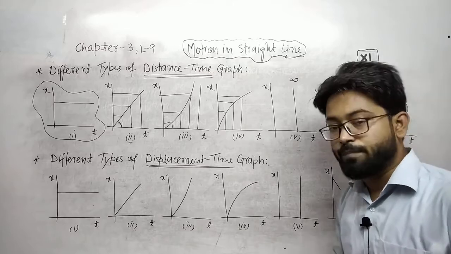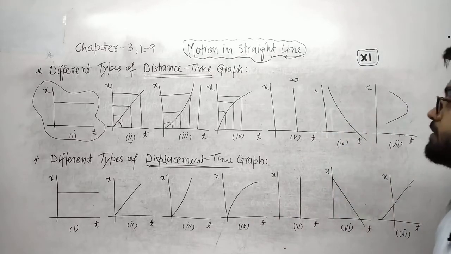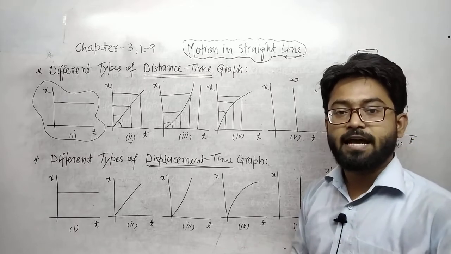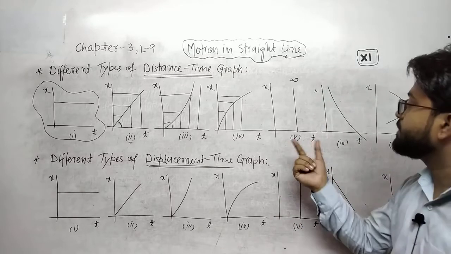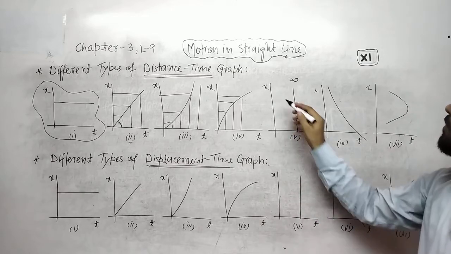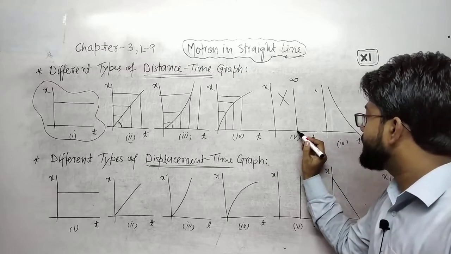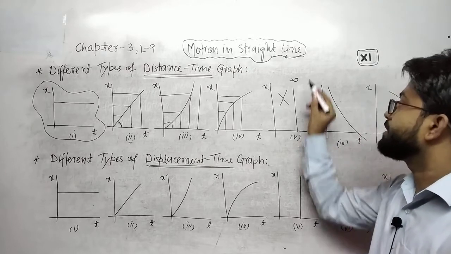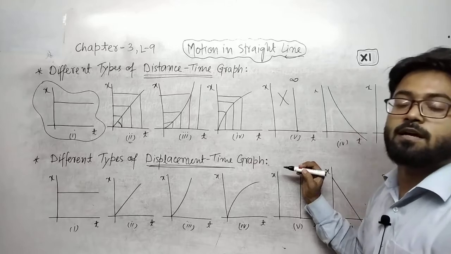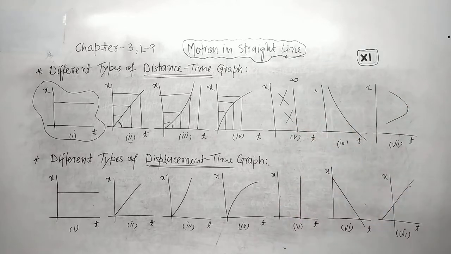For the speed to become very high, there may be some time change, but the graph shows that there is no time change. That means this graph is not possible. Without changing its time, the velocity becomes infinite. This is practically not possible.